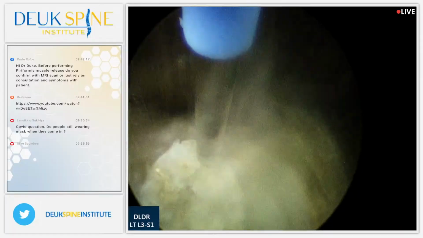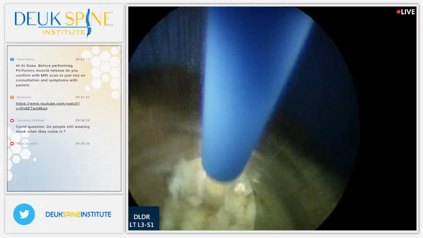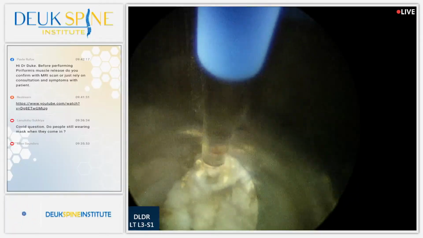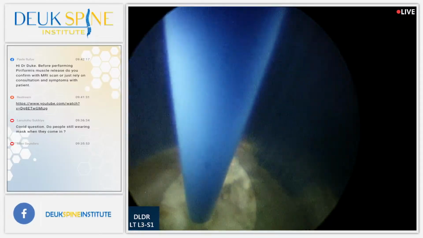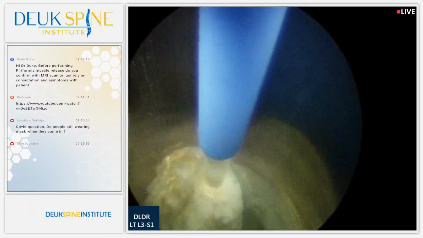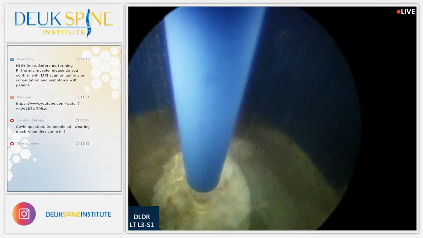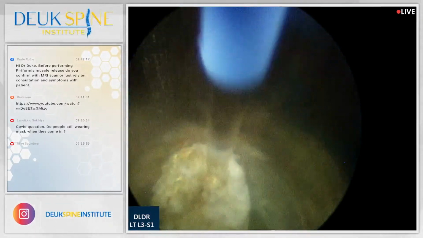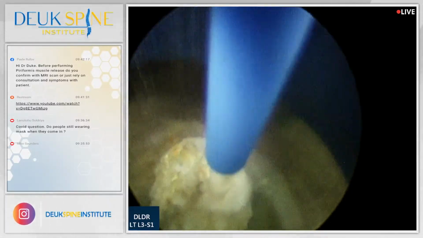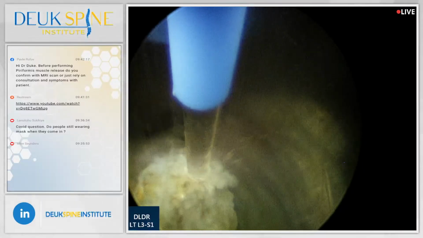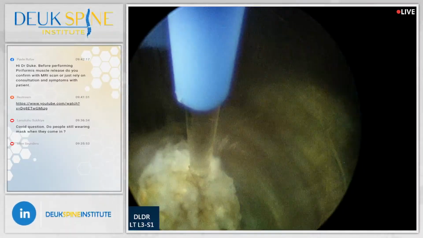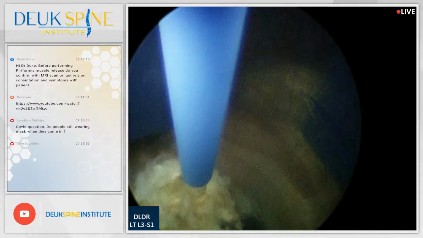There's a list of about 100 things that cause neuropathy. So if you have numbness in your feet, the most important thing you can do is go see a good doctor and get what's called a nerve test. The nerve test, an EMG nerve conduction study, will hopefully diagnose why you have the numbness in your feet. Then you come and do an MRI review at Deuk Spine.